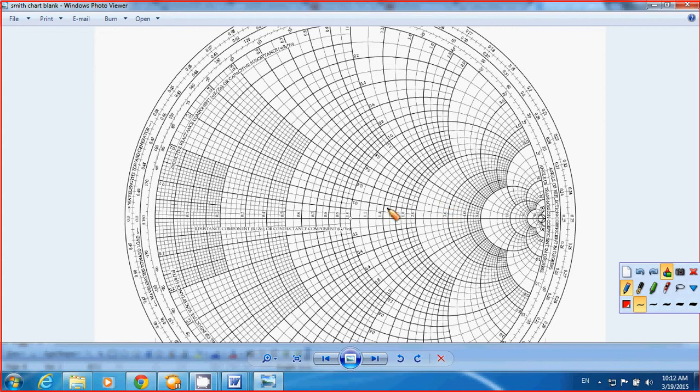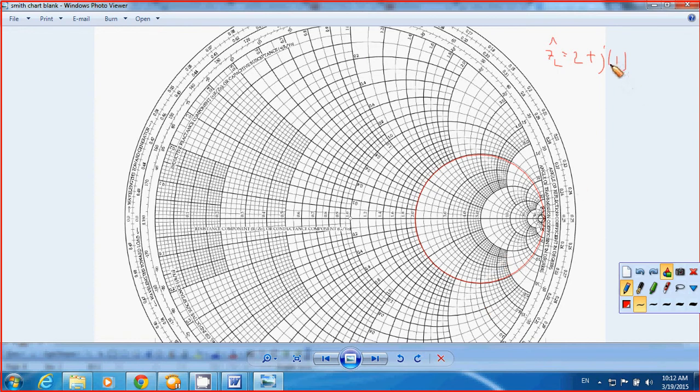So you have ZL normalized becomes 2 plus j1, and this is the 2.0 circle here. I will draw it, not a very good one. Okay, not so bad.